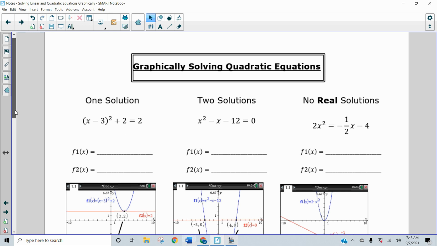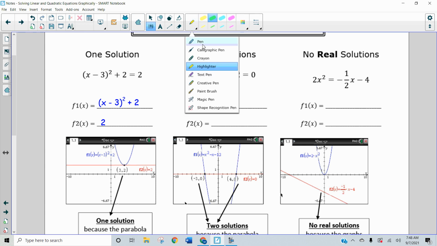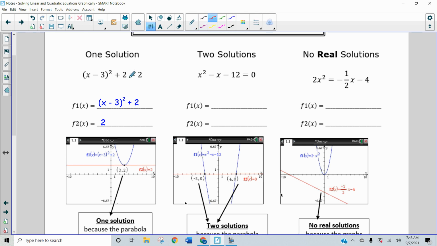Okay, so this last one, we go into graphing them again. So we have our left side and we have our right side of that equal sign. Now notice that the right side is pretty simple, it's just x equals 2.